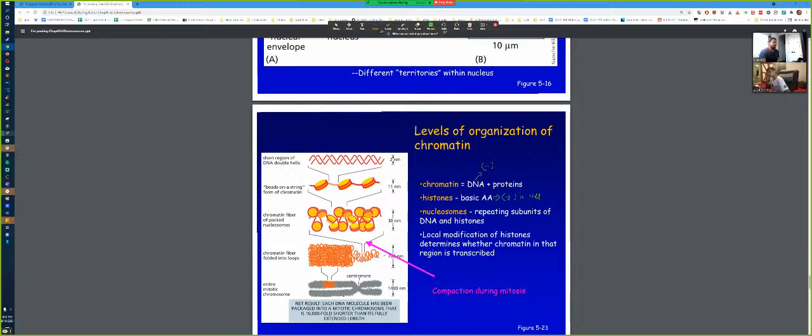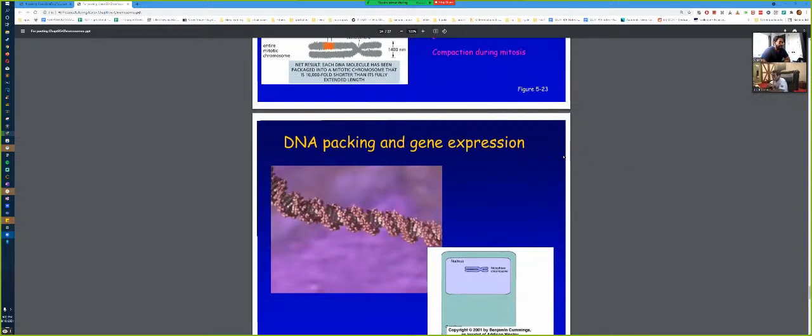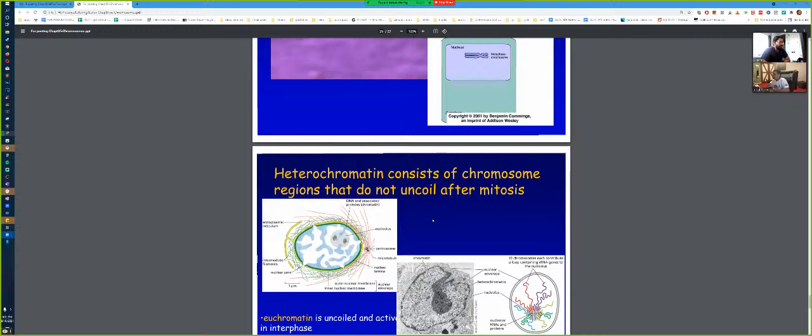Now, there's also the question of whether it's transcribed or not, because this area can be transcribed and expressed, but the more you condense it, the less it's going to be able to be transcribed and expressed. DNA packing and gene expression, so they're going to talk about that.